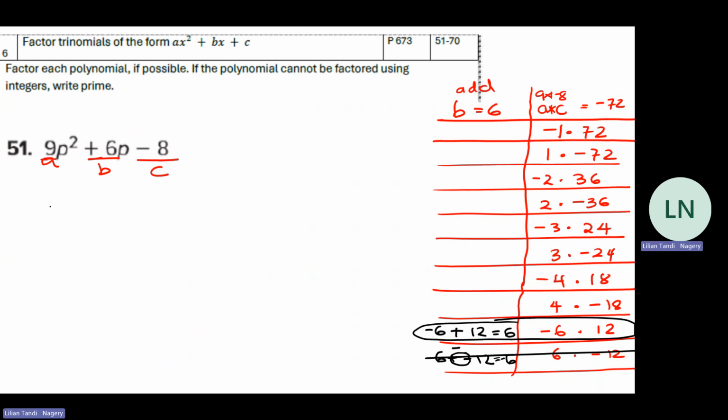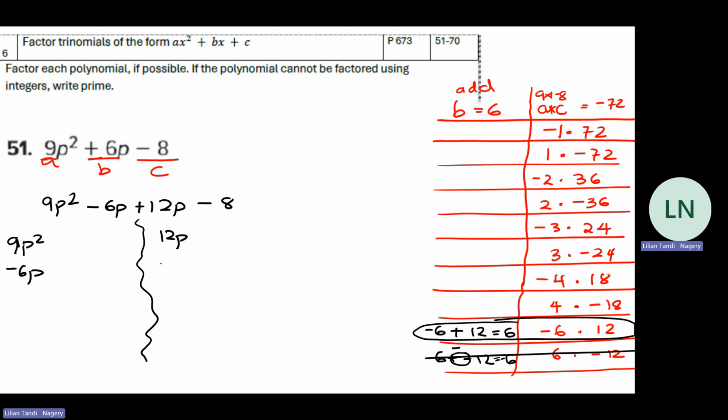So you're going to come and write 9p squared minus 6p plus 12p minus 8. Okay? Then now you're going to break it down. You're going to do 9p squared minus 6p, 12p minus 8.